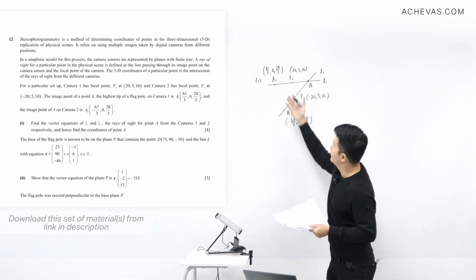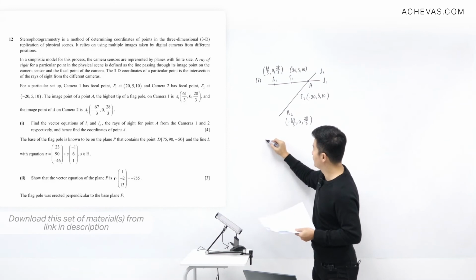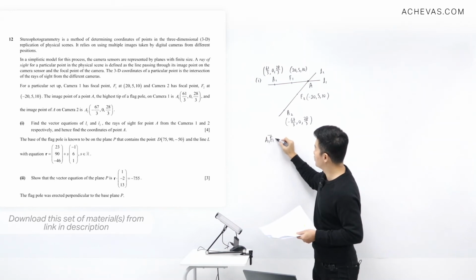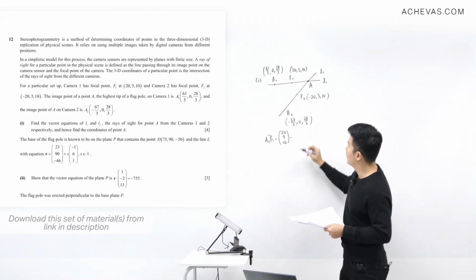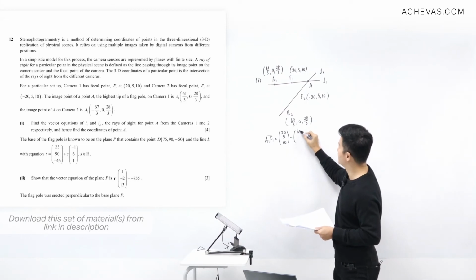So for L1, the direction that is parallel to L1 can be found by going for A1F1. So A1F1 is going to be OF1, negative 20, 5, 10, minus OA1, which is 61 over 3, 0, 28 over 3.